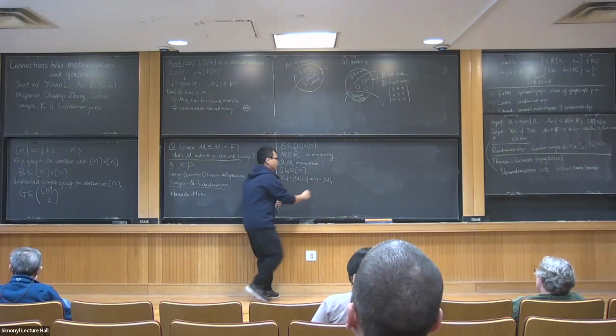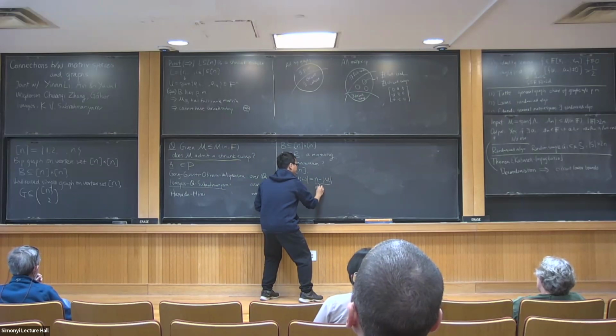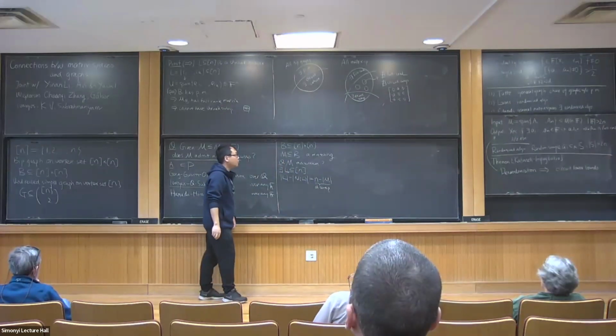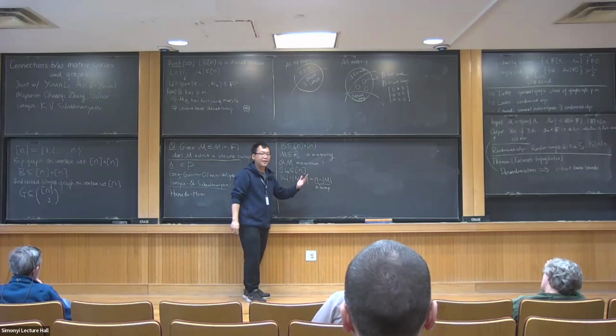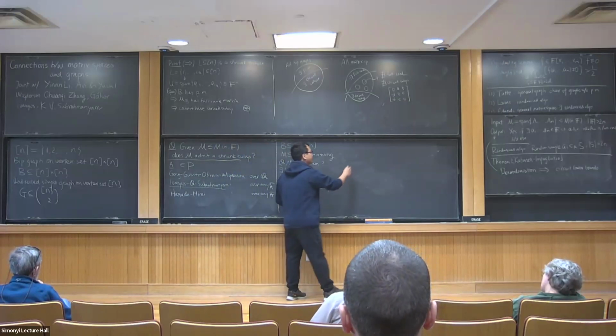This is like the discrepancy, right? So this can be tested using alternating paths.